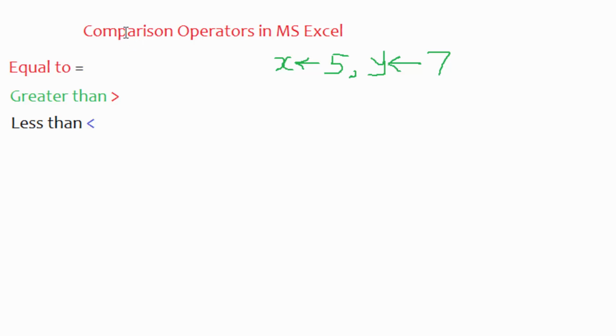For the less than sign, we can still use our variables x and y here. x contains 5 and y contains 7. I can go ahead and write an expression: check if x is less than y.